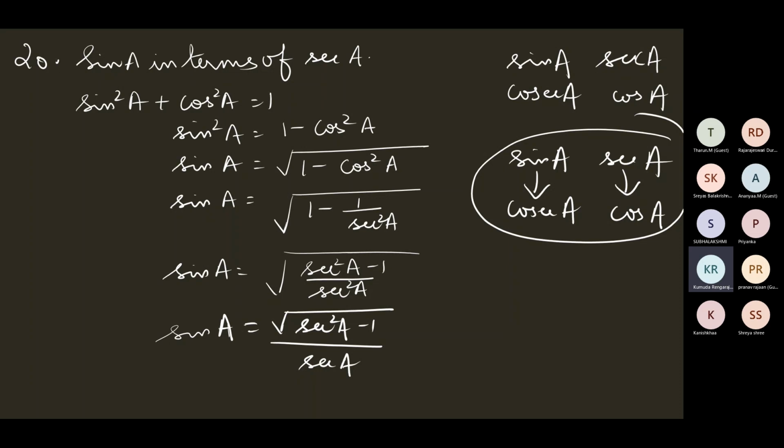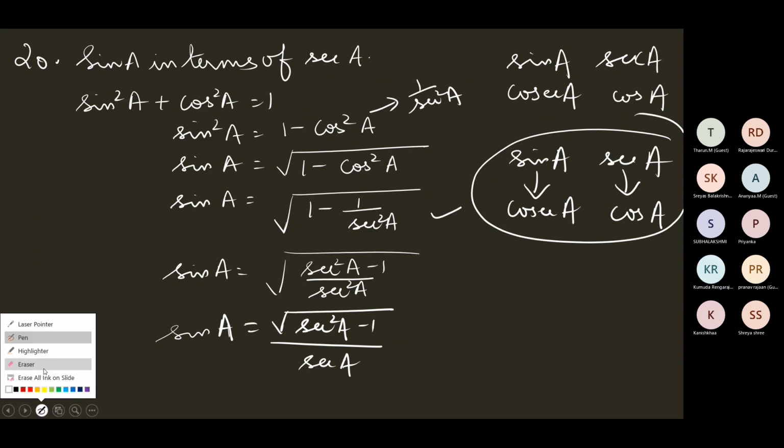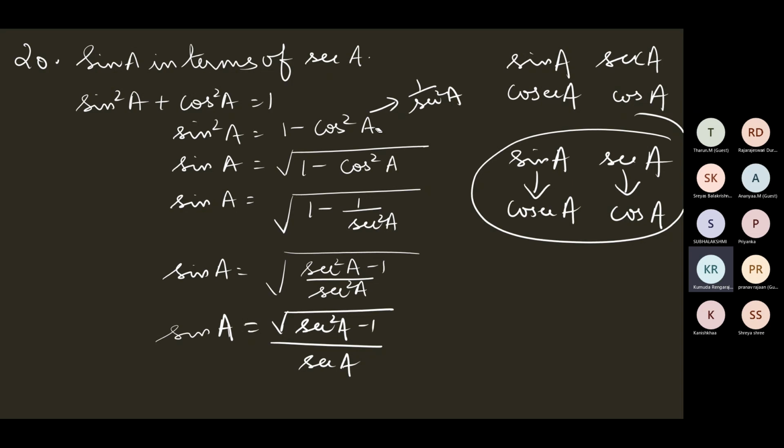Now change cos to secant. You can change it here also. You can write cos square A as 1 by secant square A here itself. Not that you should do the change at this step. You can change it anywhere. So here cos square A is 1 by secant square A, common denominator.